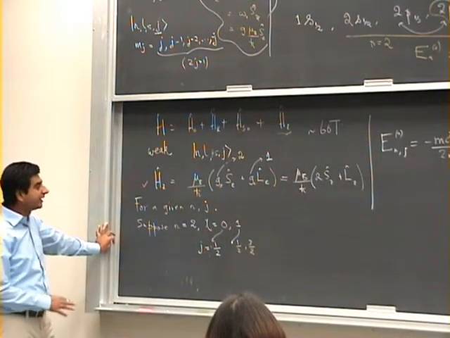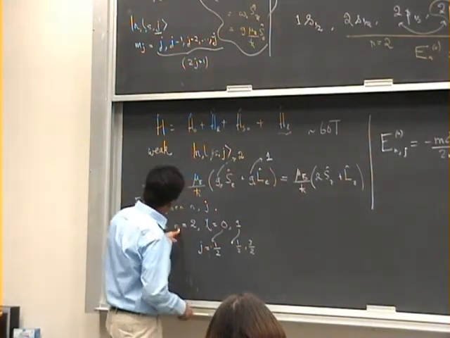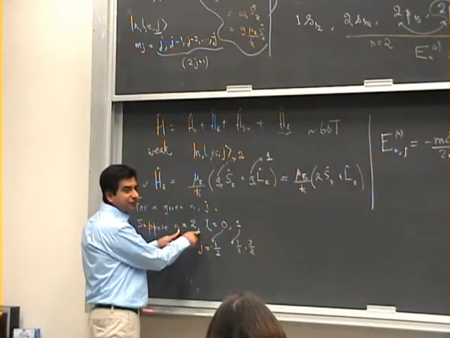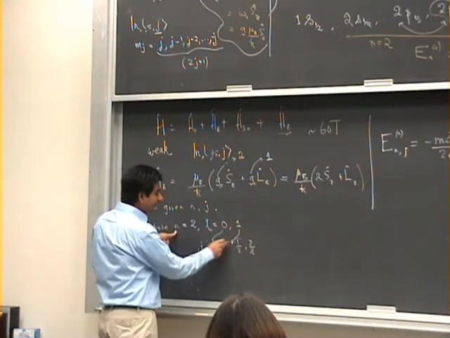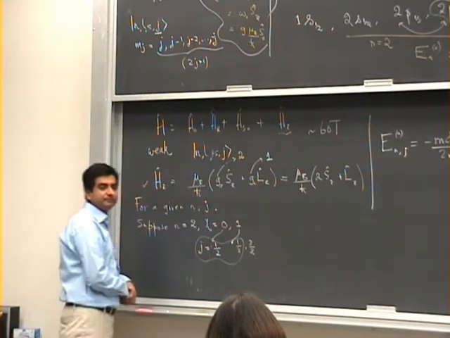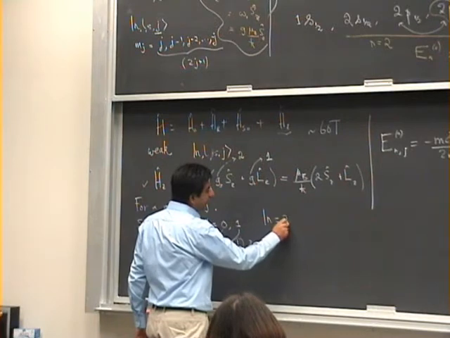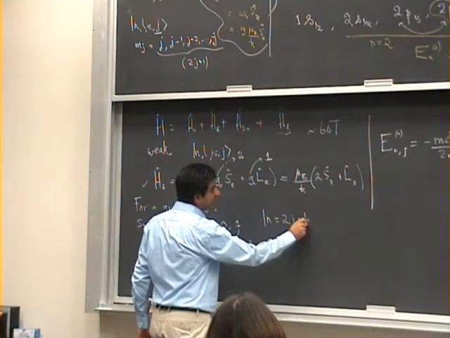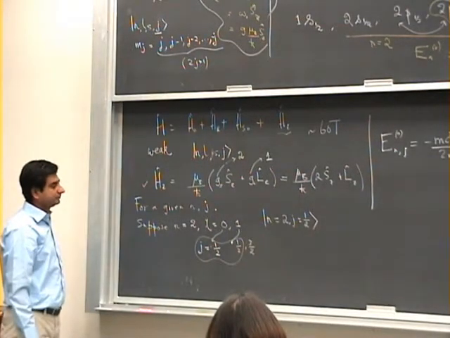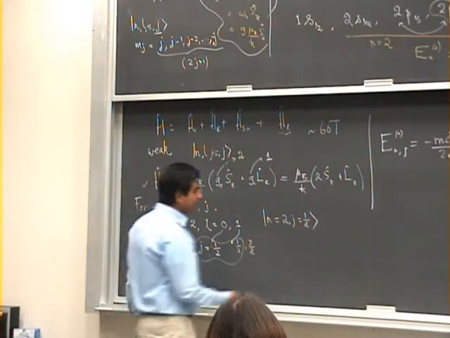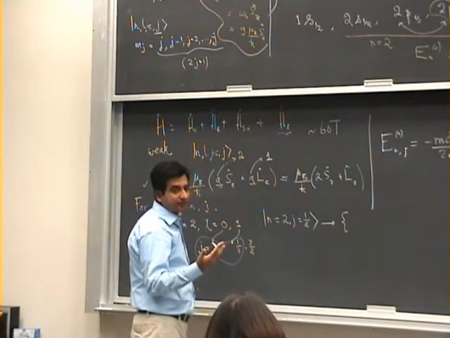Okay, so the basis states for this degenerate subspace are, for n equals 2, and let's suppose n equals 2 and j equals half. This will comprise a subspace.